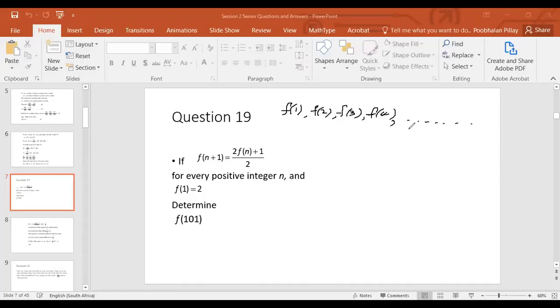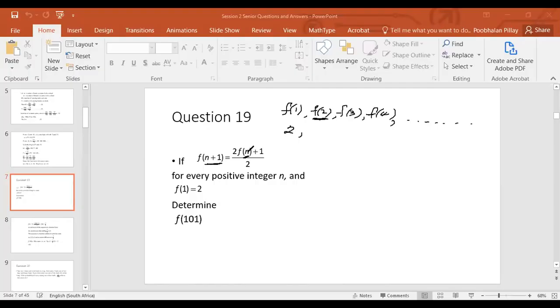So in other words, you've got a sequence here of numbers, because the n's are counting numbers. Now, what does this say? They say f of 1 is 2. So this first one here is 2. Now, what is f of 2? If you read this, you will see n plus 1 is the successor for n.